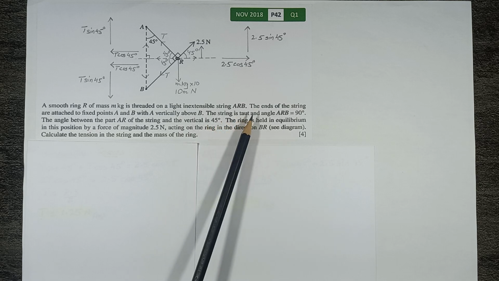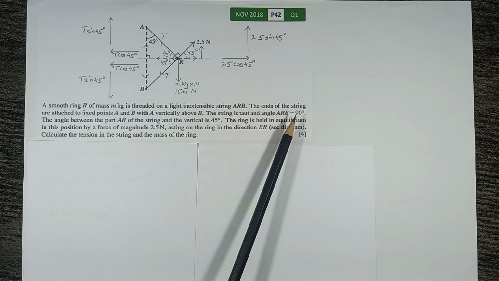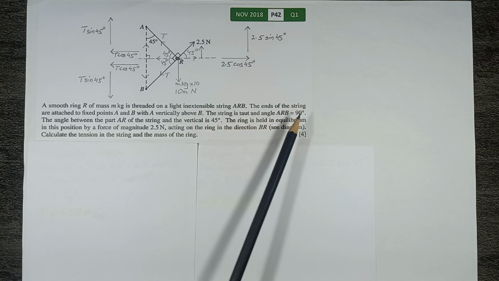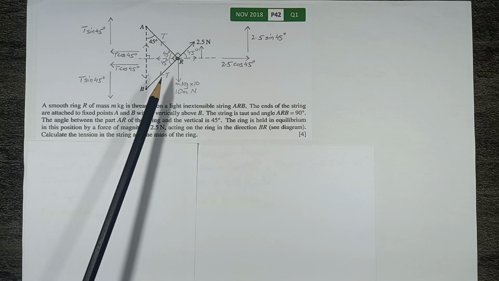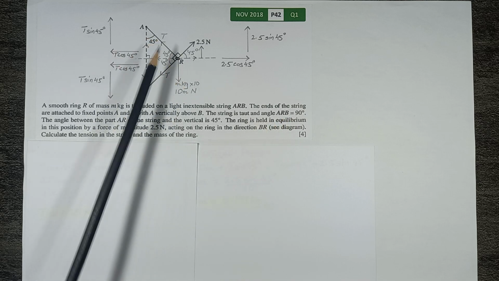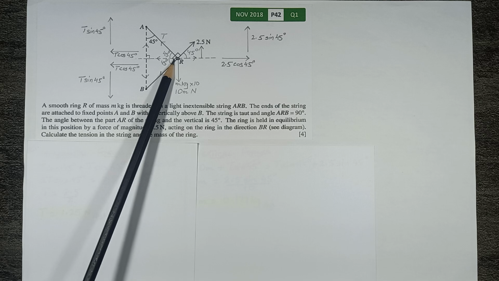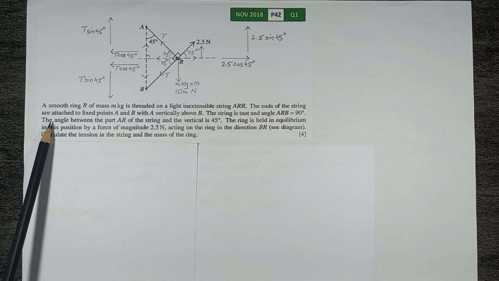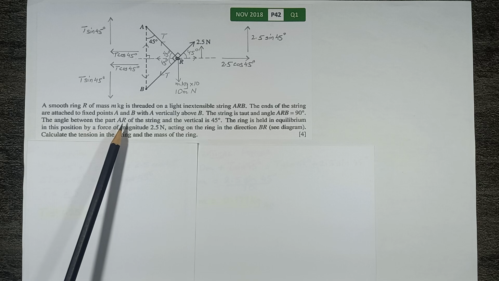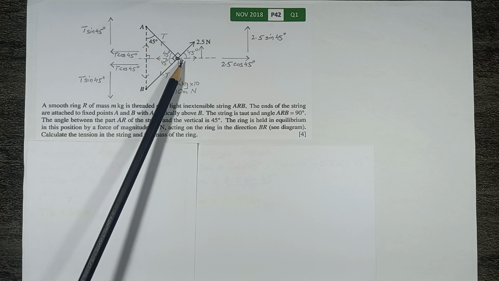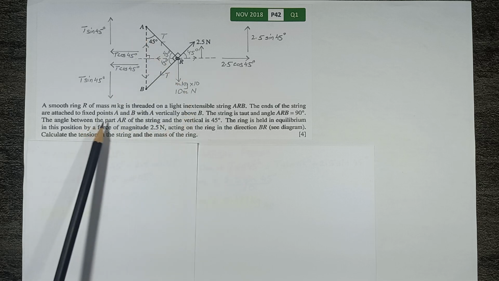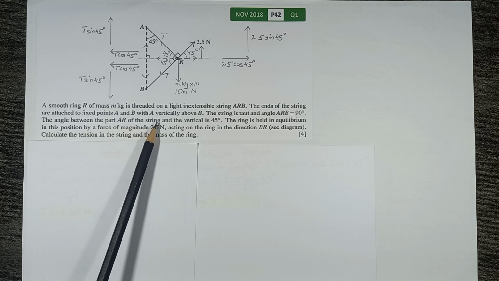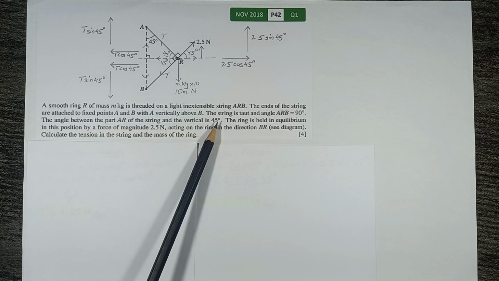The string is taut and angle ARB is 90 degrees. The string is taut, which means it is not slack, and it makes an angle of 90 degrees here according to the statement. The angle between the part AR, where is AR? This is AR. The angle between the part AR of the string and the vertical is 45 degrees.